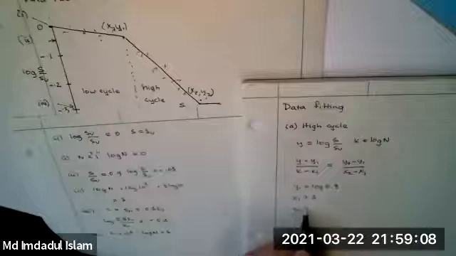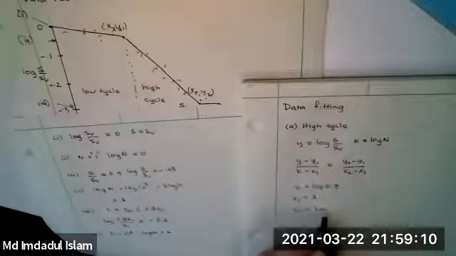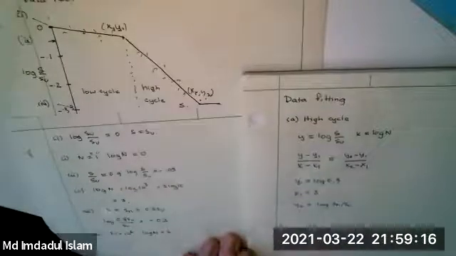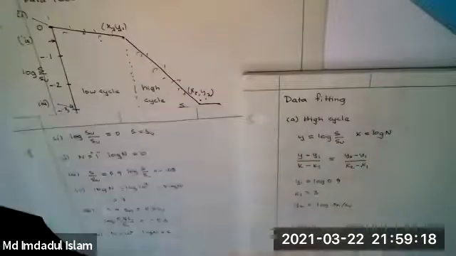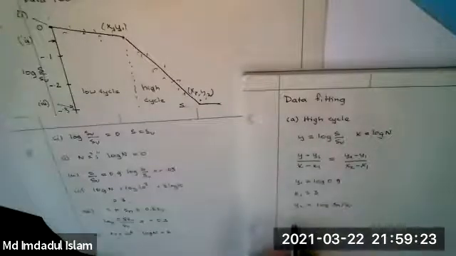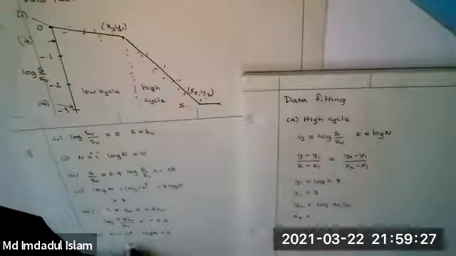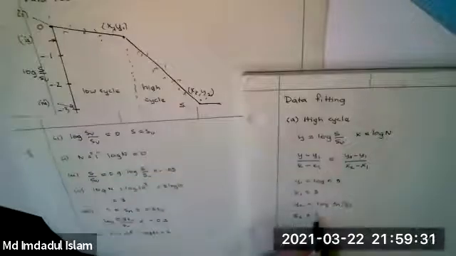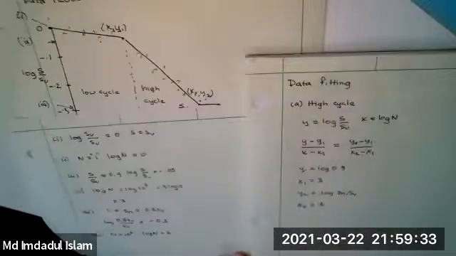Y2 is log of Sn over Su. So I'm calling this point Sn. We may often approximate it as 0.5 Su. But X2 is log of 10 to the 6th, which is 6. So I put this together, it looks like the following.